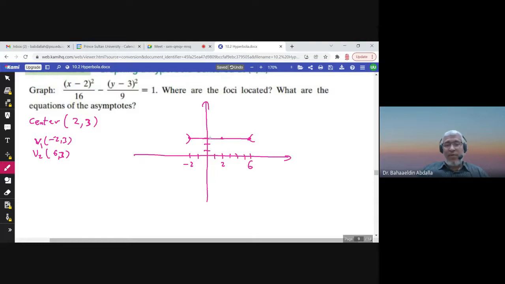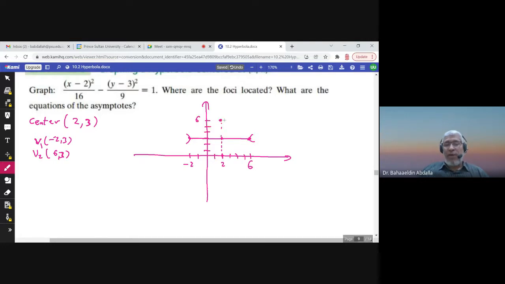And if you remember, after that, we go also 3 units from the center. So if I go below 3 units, I will reach this point. And if I go up 3 units, I reach 6.